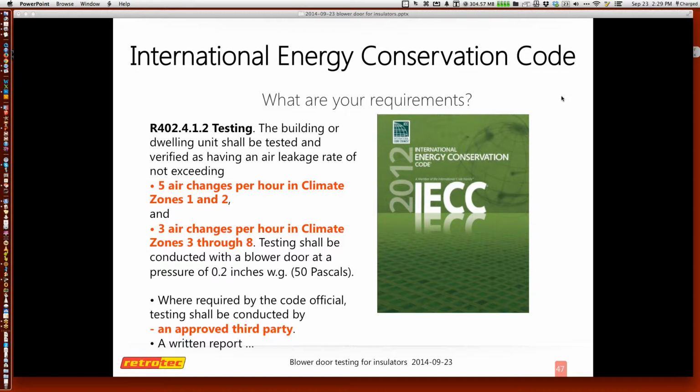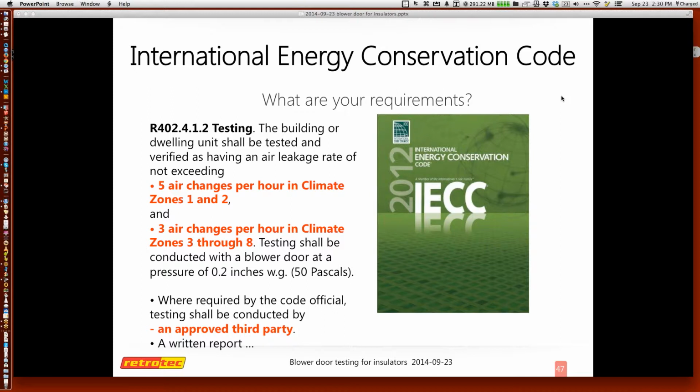Most of the people doing the test come from a background where they were trained, either BPI or RESNET, maybe home performance with Energy Star, or there's a DET special training that a lot of states have adopted. That's a duct and envelope tester verifier, which allows you to do new homes.